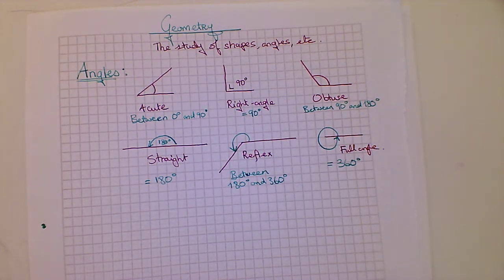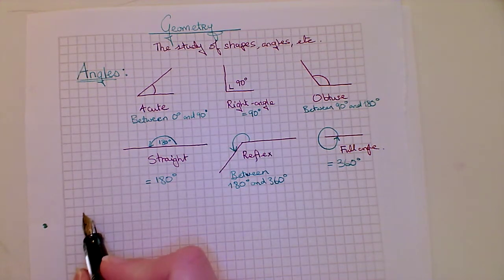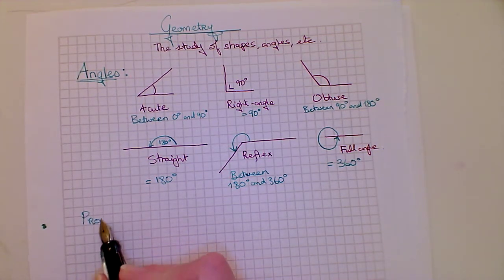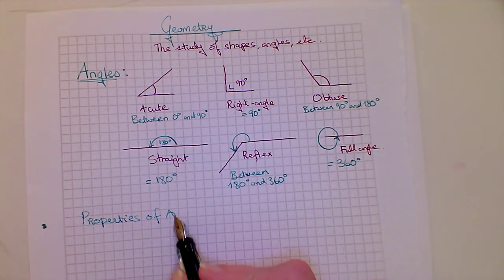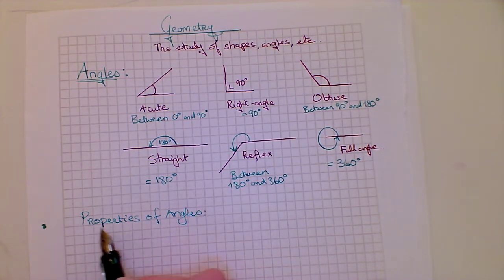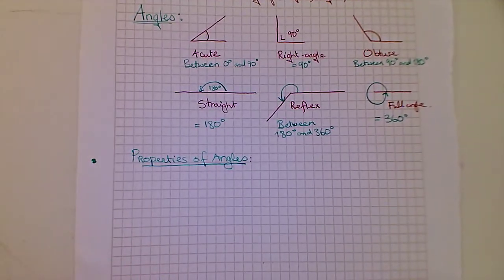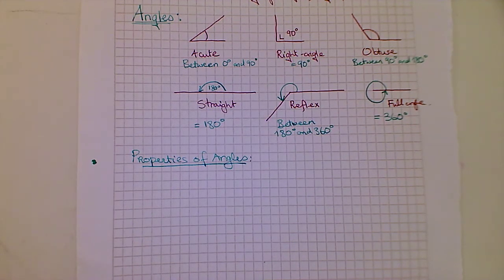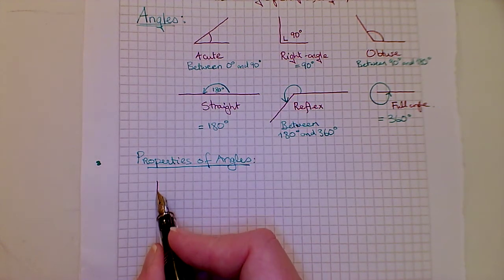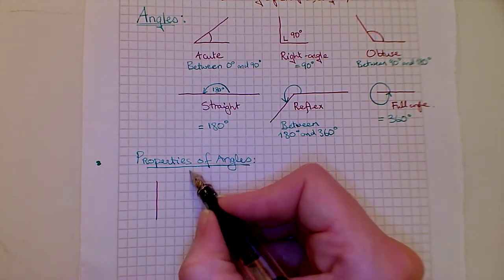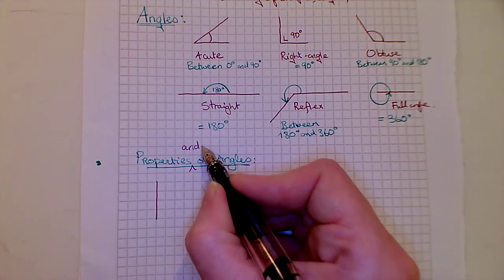Now, there are certain properties of angles which you should have learned for junior cert but may have forgotten. So let's remind ourselves of those properties and names.